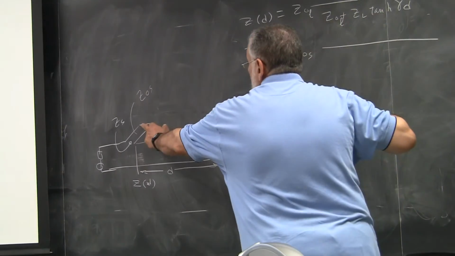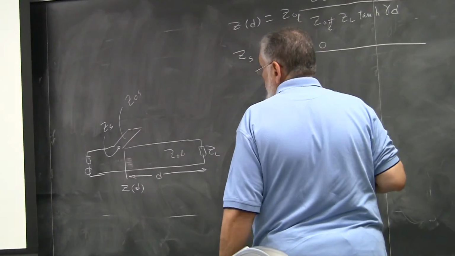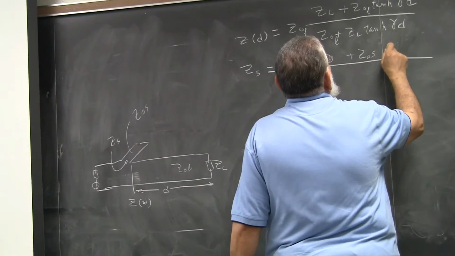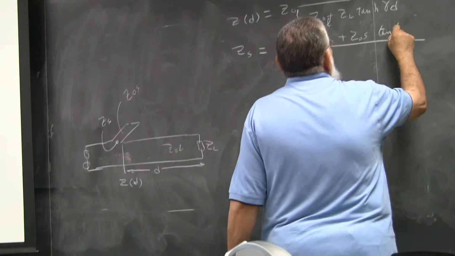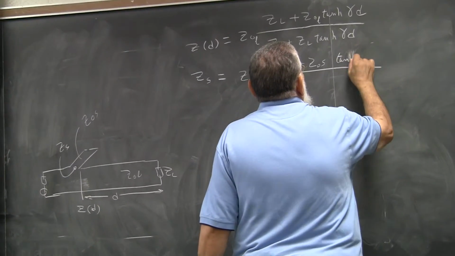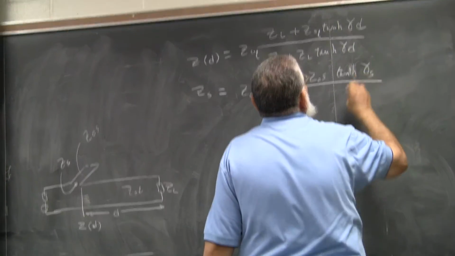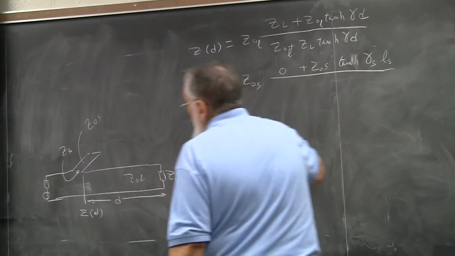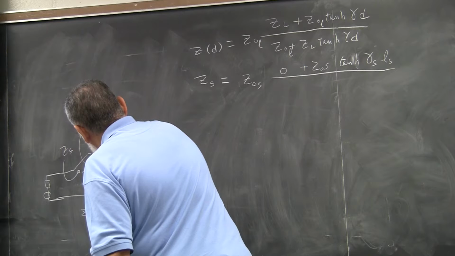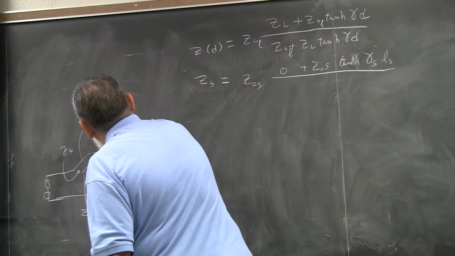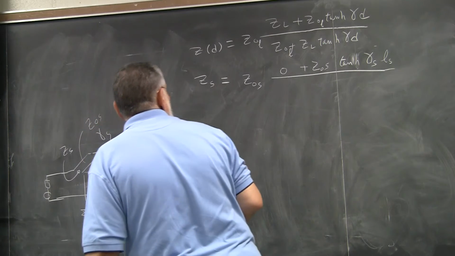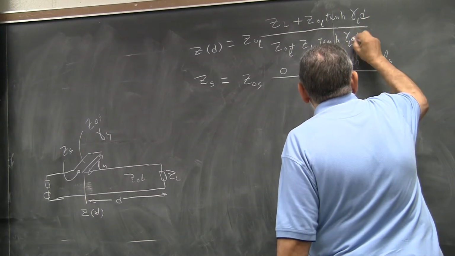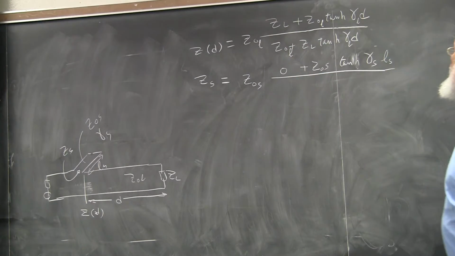Your ZL in this case is 0, you have a short circuit, plus Z naught of the stub hyperbolic tangent of gamma of the stub times L of the stub. The stub length here will be LS, and we'll have a gamma stub. This was gamma of the line as well, if you would like to be specific.